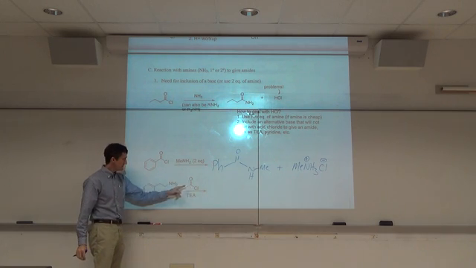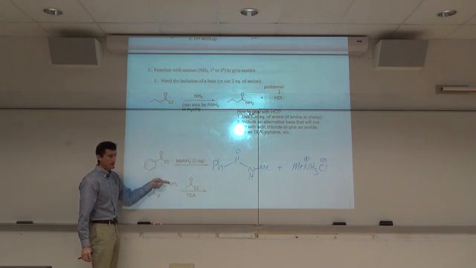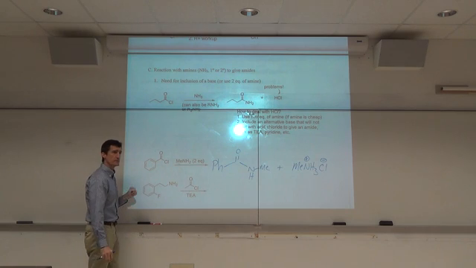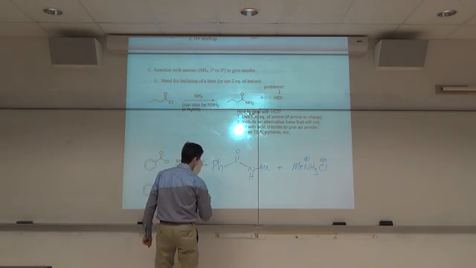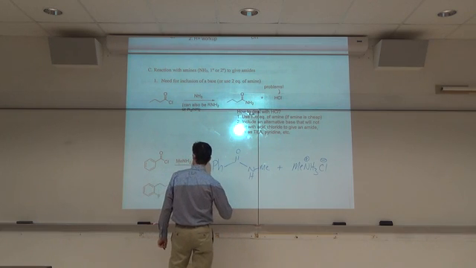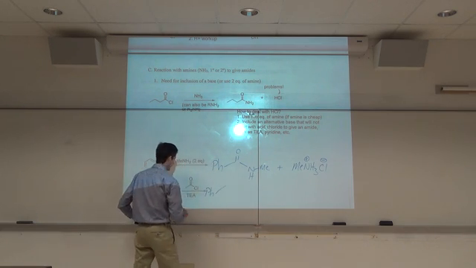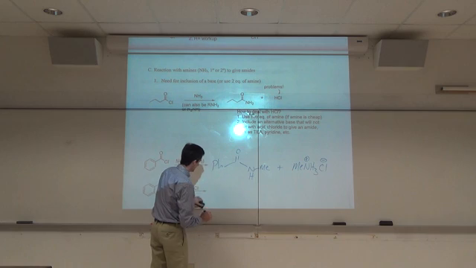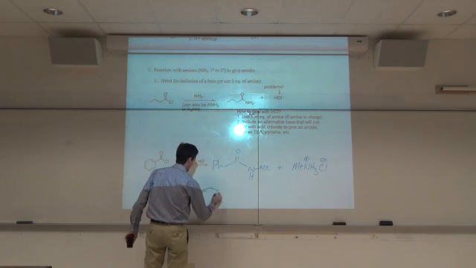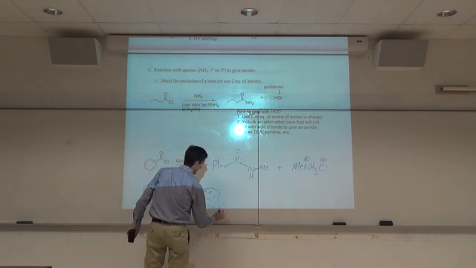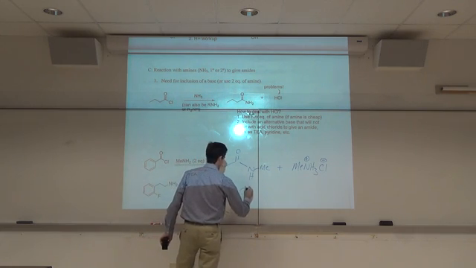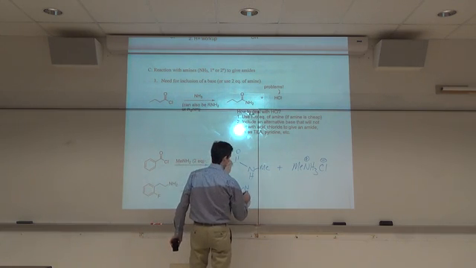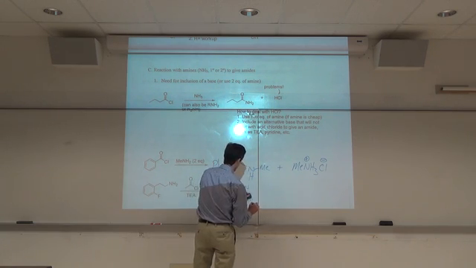Nucleophiles attack here. Where's the nucleophile at? The amine. Okay. What are we going to get? I need to draw out the green because we have two substituents. Ugly bond angle.